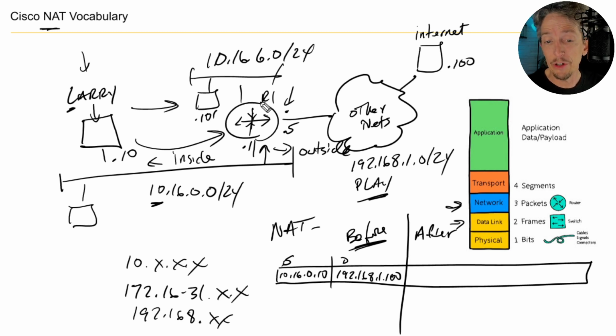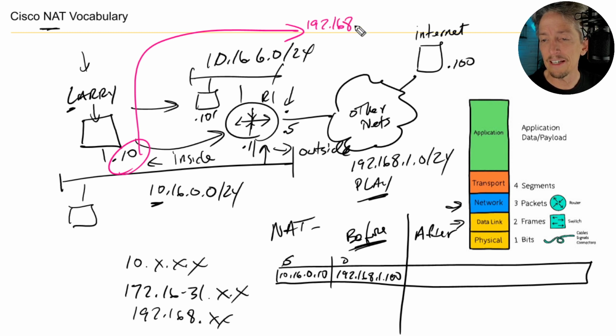Or if we want to do a static translation, we could just say, hey, Larry, we're going to translate your address from 10.16.0.10 to, instead of being .10, we'll translate you to 192.168.1.10. So that would be the mapping. And that's referred to as a static NAT, where we're just doing one IP address on the inside, meaning before translation, one address on the outside.